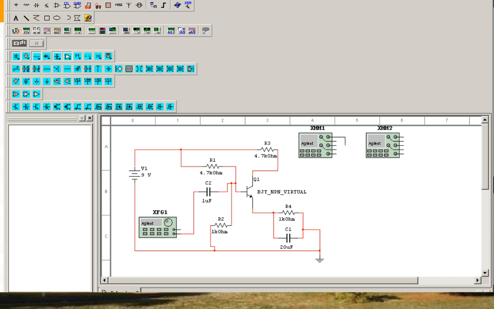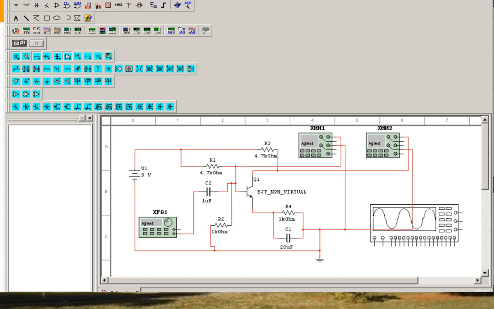So the first voltage we want to measure is the bias voltage. And the second voltage we want to measure is the voltage here. And then we're going to have our illustrious Agilent scope.